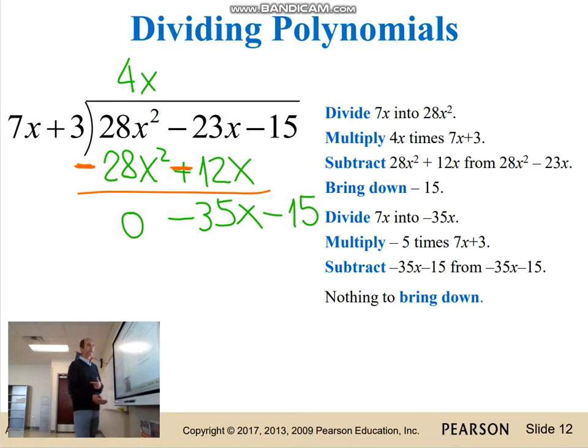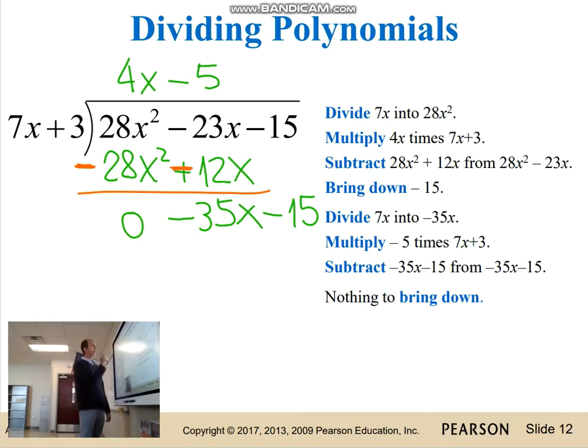Repeat the same step as the first one. You divide the first term of this polynomial, negative 35x, by 7x, and this will be negative 5, right? Negative 35 divided by 7 is negative 5, x divided by x is 1, so negative 5.